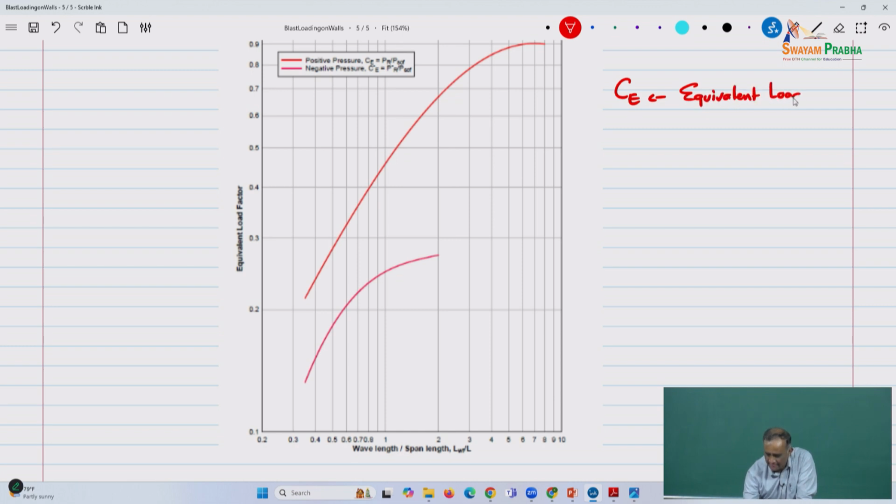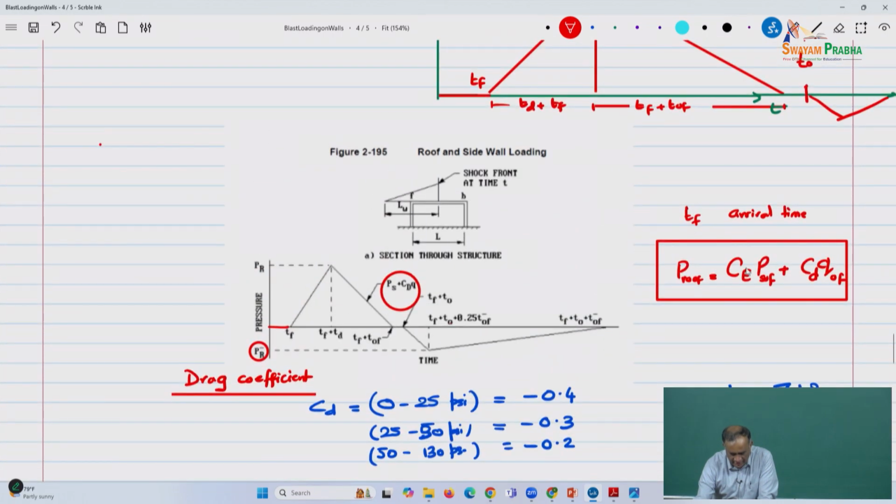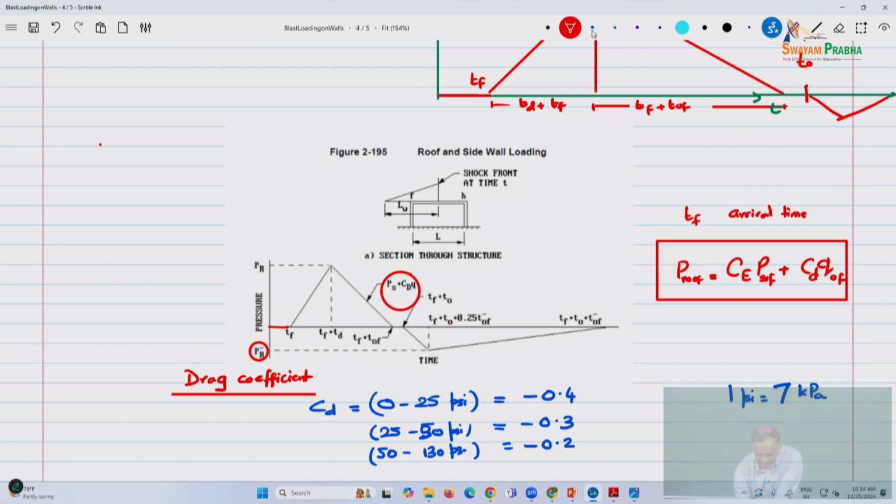Basically, what is it doing? It is giving a coefficient for you. Again, it goes from 0 to 1. It is giving you a coefficient that you attach to the PSOF. CD we have seen. Let me put here itself, equivalent load factor.